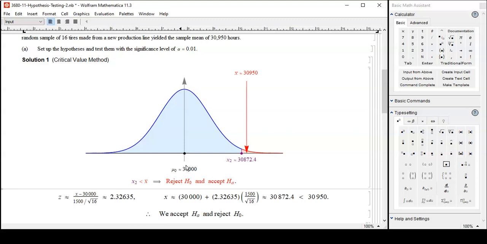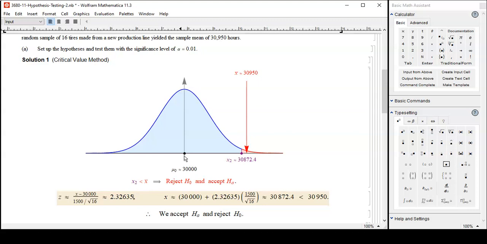Centered around the null and then looking for the critical value through x-bar minus mu over SE, the z-score associated to the level of significance of alpha, 0.01 to the right, alpha to the right, and then 1 minus alpha, 99% to the left. Turned out to be about 2.33.